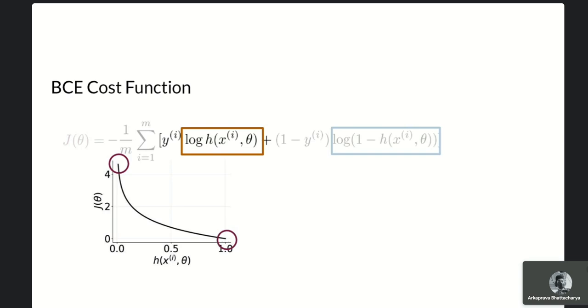So we have plotted the loss function versus the prediction of the discriminator network. You can see if the prediction is far from the actual label, which is 1 here, the loss is very high. It is approaching infinity.